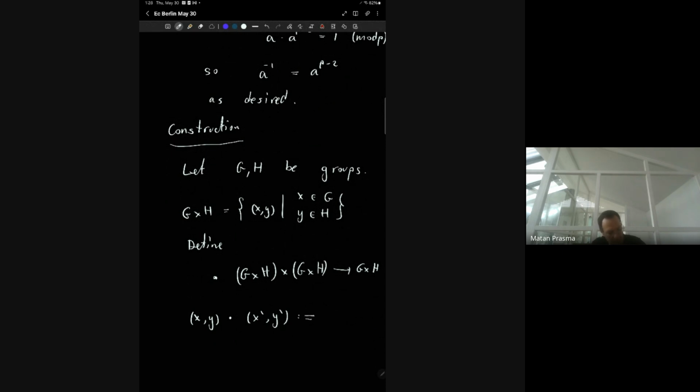So I do the obvious thing. G comes with operation star sub G and a neutral element 1 sub G, and H has similar notation.